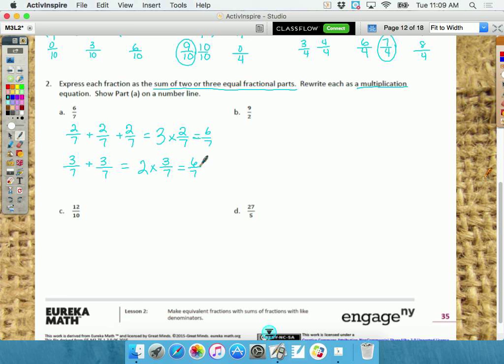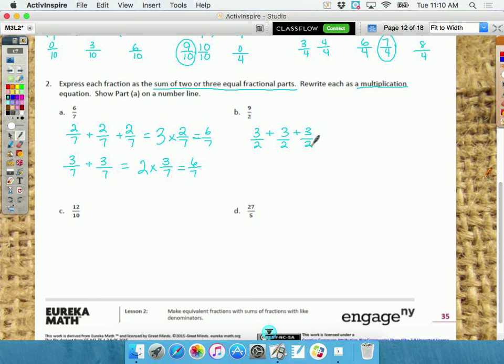Let's go over to 9 halves now. What numbers could I add together, repeated addition, that equal 9? Maydeen, give me one. 3 plus 3 plus 3. And then all I have to do is put my denominator on there. And it's halves.